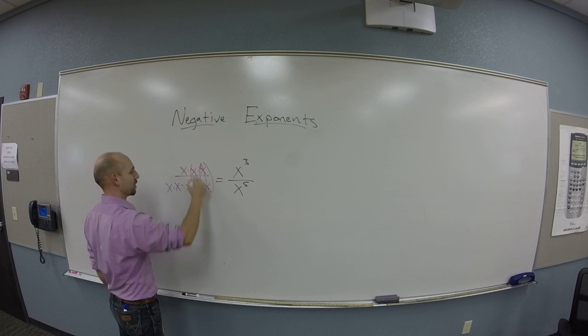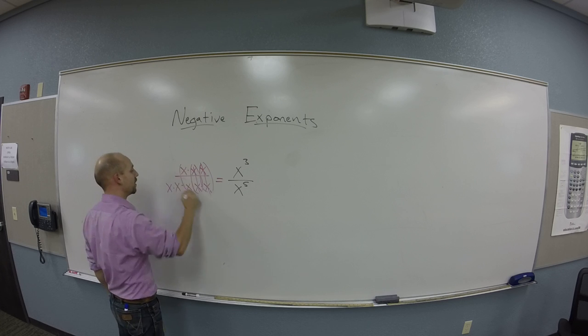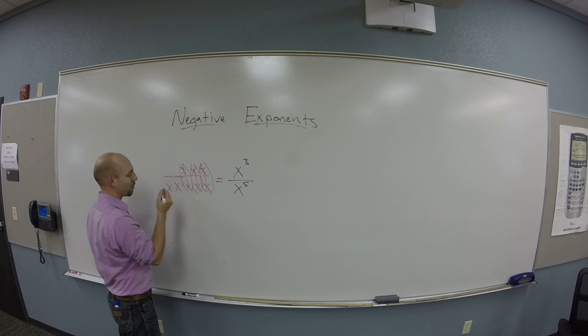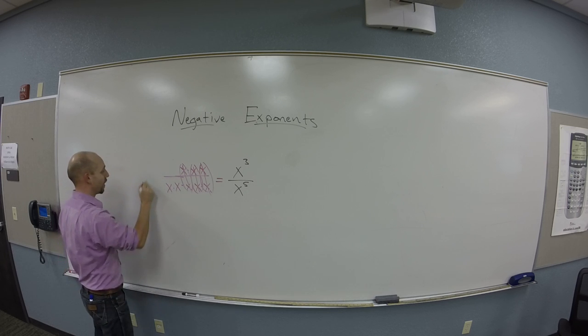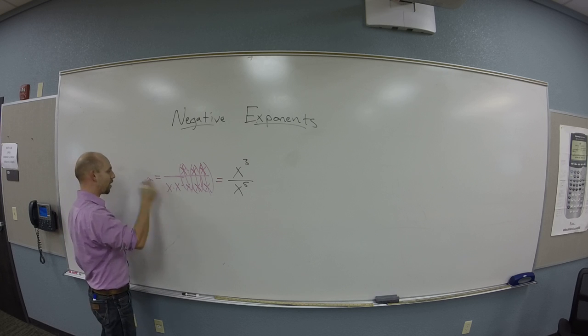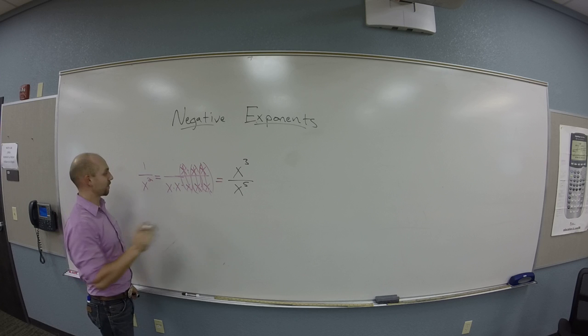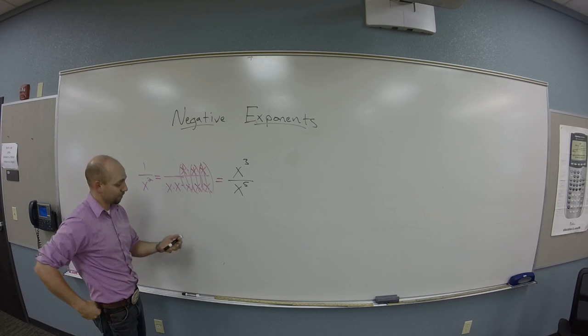That's a multiplication by 1, don't need to do it. This is multiplication by 1, don't need to do it. This is multiplication by 1, don't need to do it. So what I'm left with is 2 x's multiplied together, so that's an x squared, right? But it's on the bottom, so you guys were getting 1 over x squared today. That's the pink thought, the old school, hey, let's just explode and cancel.